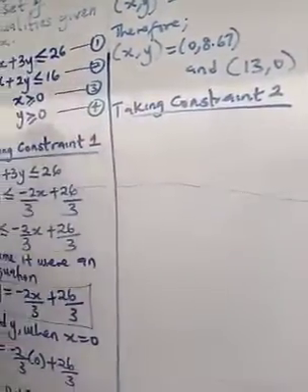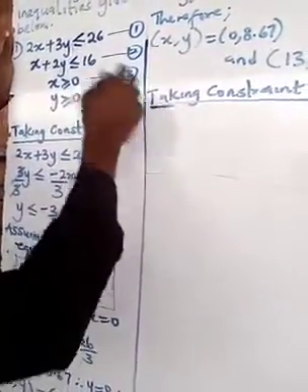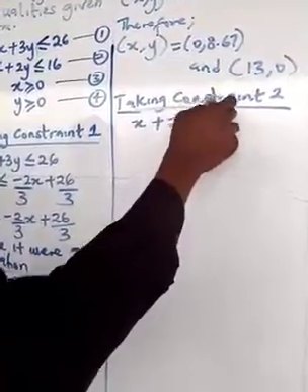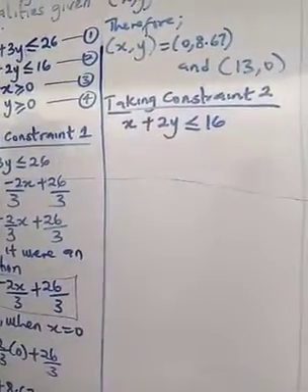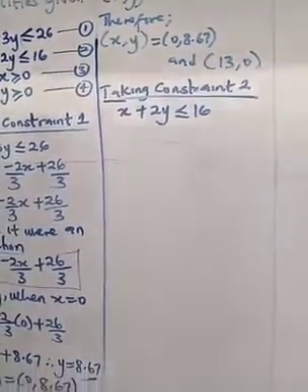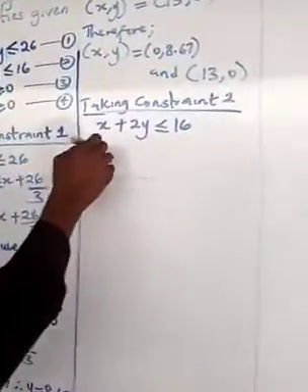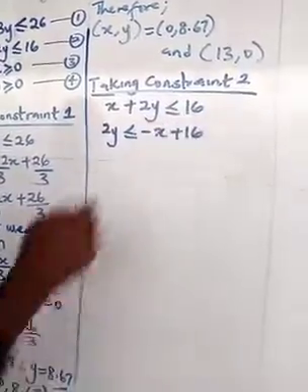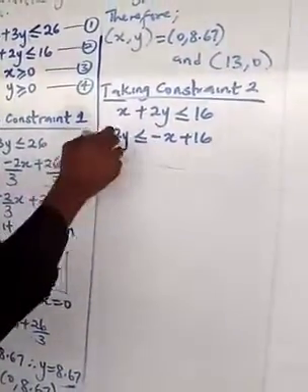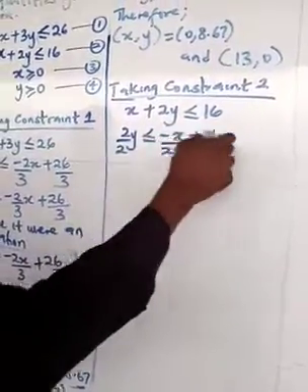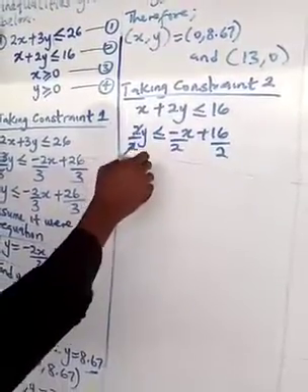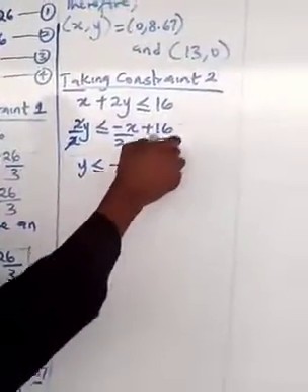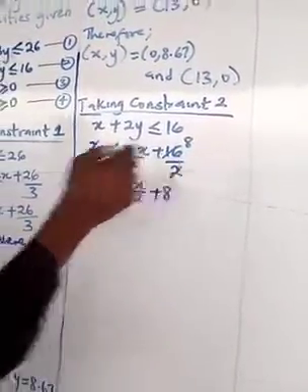So this is constraint 2. We have x plus 2y less than or equal to 16. So we'll try to make y the subject. We have 2y less than or equal to minus x plus 16. So if we divide all through by 2, that means y is less than or equal to minus x over 2 plus 8.